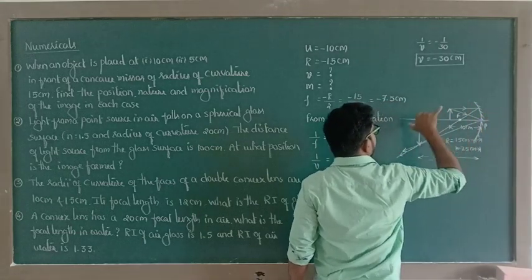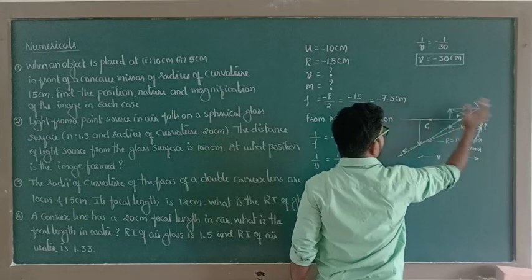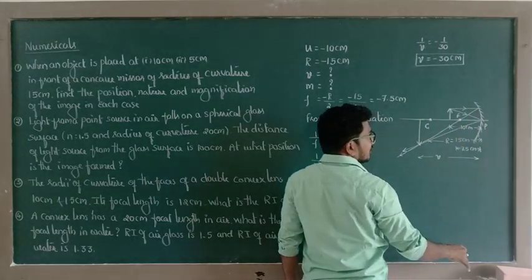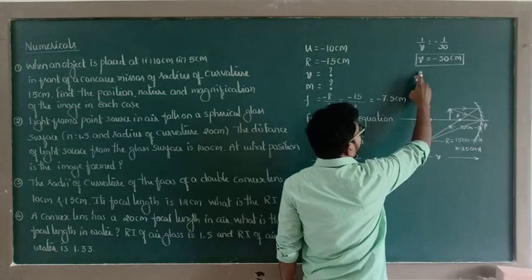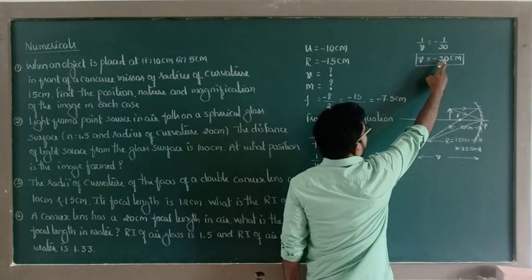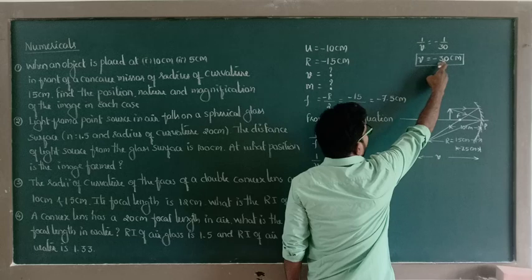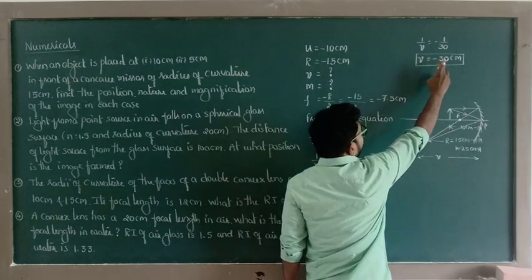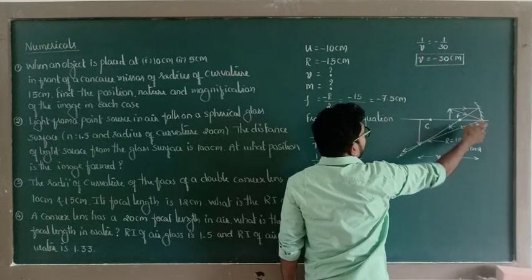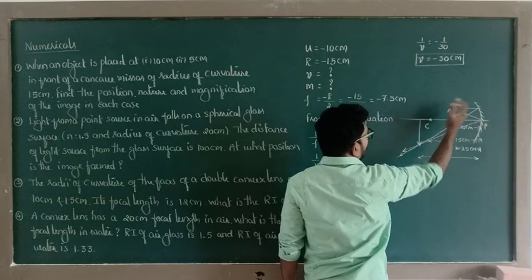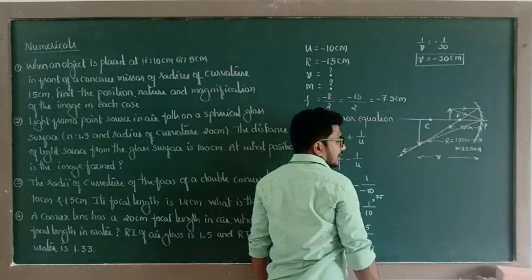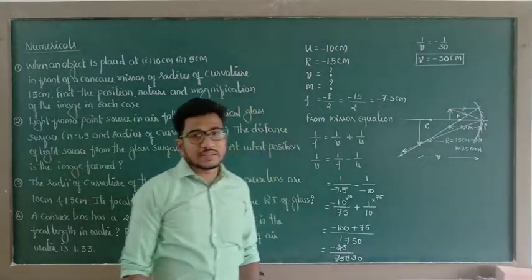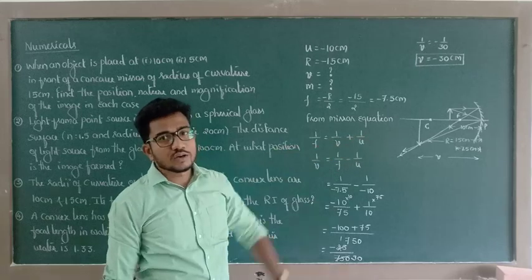This measurement is opposite to the direction of the incident light beam, and hence we get the image distance with a negative sign, and in the result we directly get that value with the sign convention. So this negative sign represents that the direction of measurement is opposite to the direction of the incident light beam. That means the image lies at 30 centimeter from the pole.